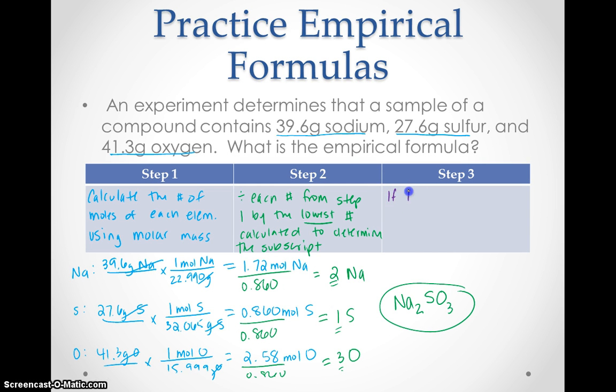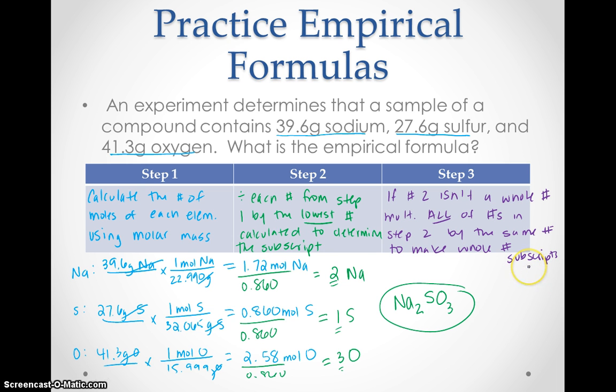So if number 2 isn't a whole number, what you're going to do is multiply all of the numbers in step 2 by the same number to make whole number subscripts.